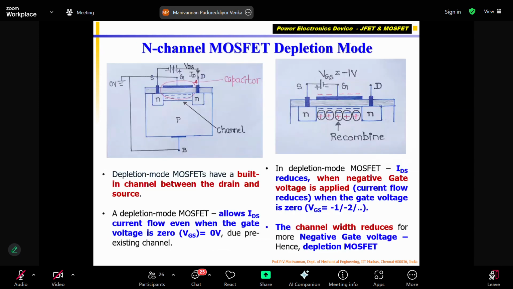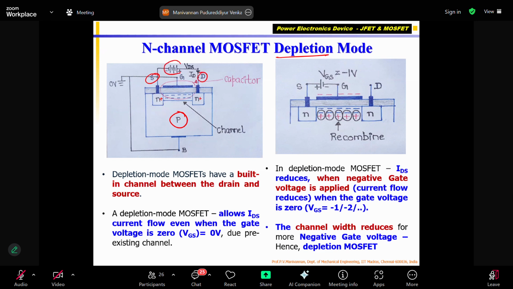Now we will see the N-channel MOSFET in depletion mode. N-channel again means a P substrate. Whether it is depletion mode or enhancement mode, for an N-channel MOSFET the main substrate is P-type material, on which two wells are dug and filled with N-plus, heavily doped material. One becomes the source, the other the drain.